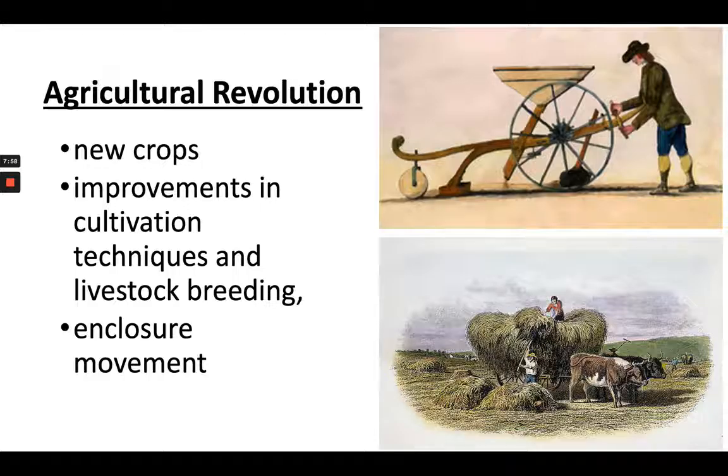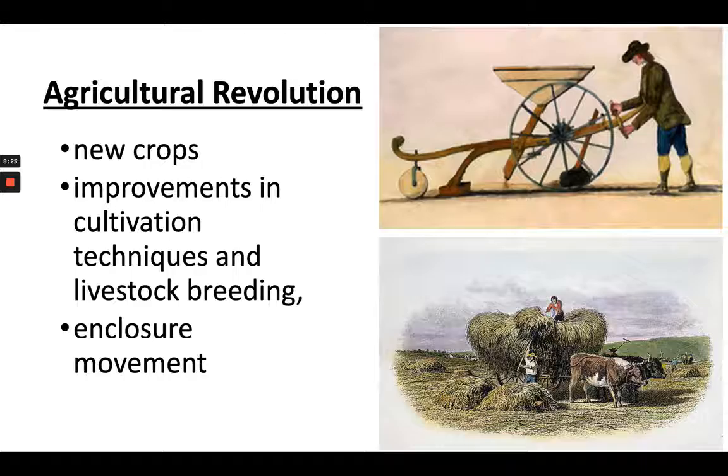It is a transformation of farming that resulted in the 18th century from the spread of new crops, improvement of cultivation techniques and livestock breeding, and the consolidation of small holdings into large farms in which tenants and sharecroppers were forcefully expelled.